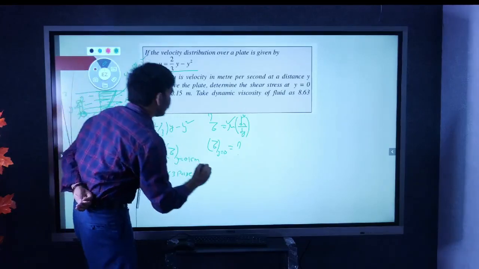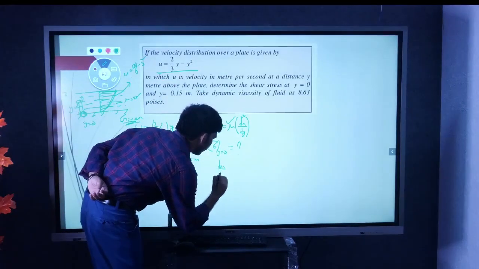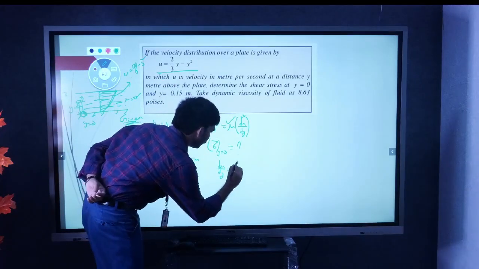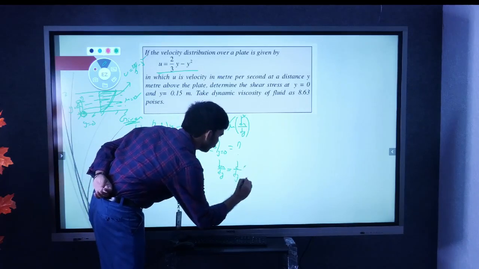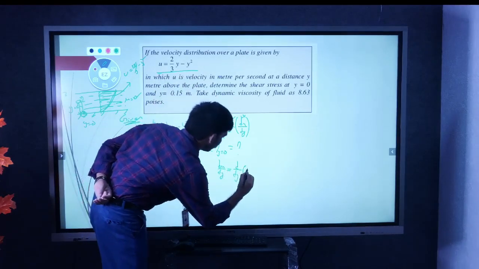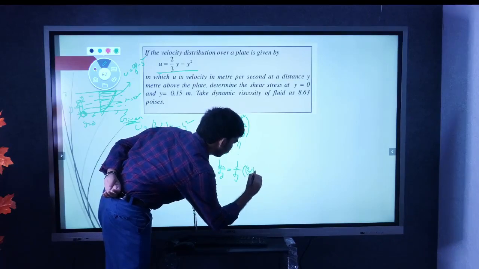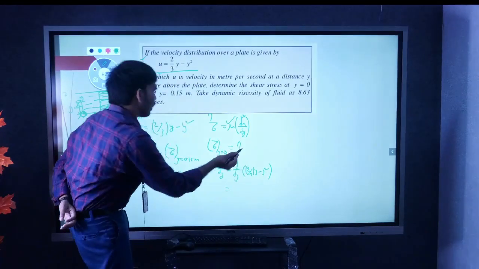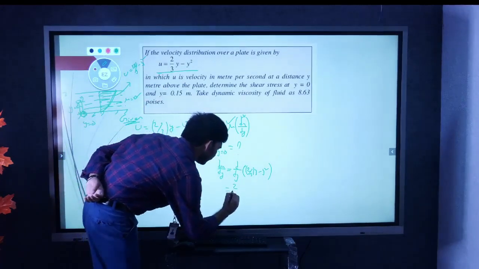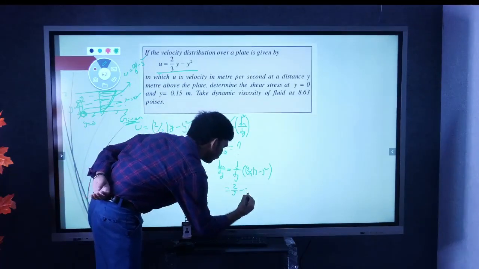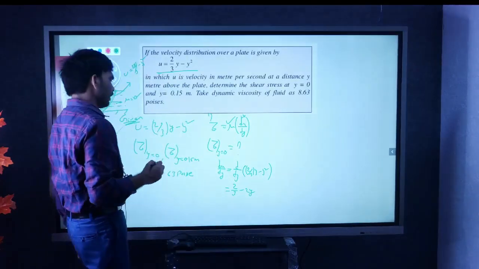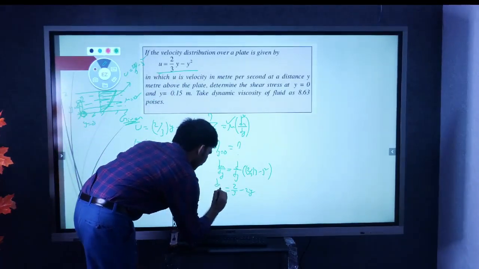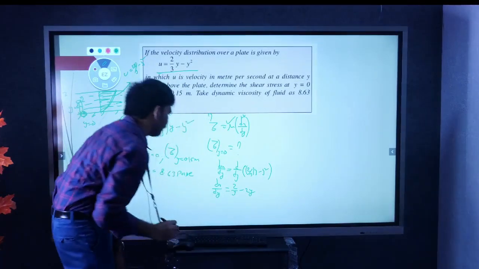What is du by dy? du by dy will be equal to d by dy of 2/3 y minus y square, that means 2/3 minus 2y. Okay, this is du by dy.